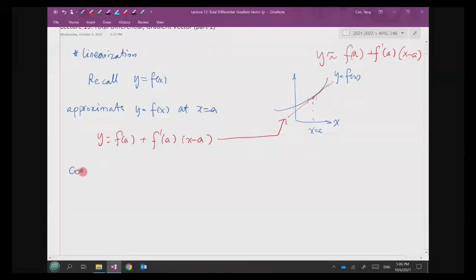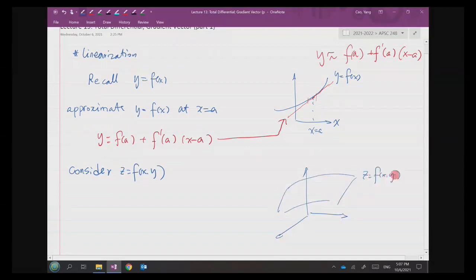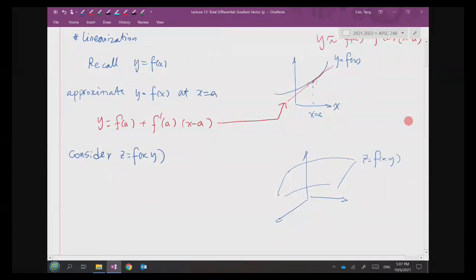So now let's go to our function of two variables. We all know that this will give us a surface. If I ask the same question, how can we approximate this function at x naught, y naught?